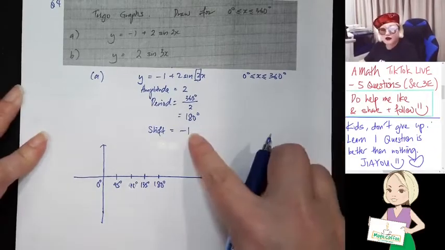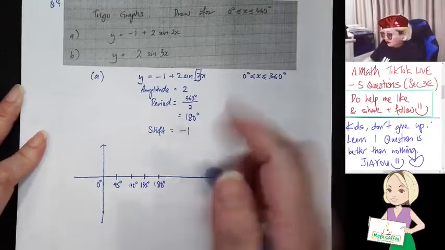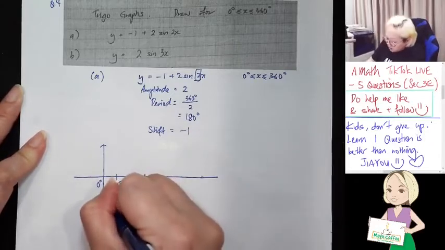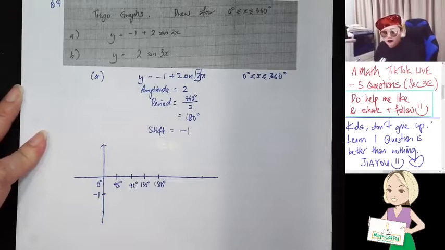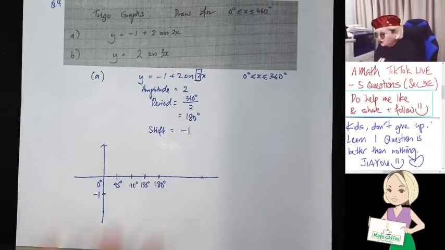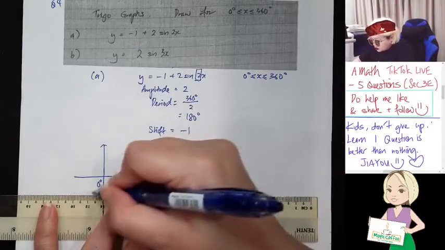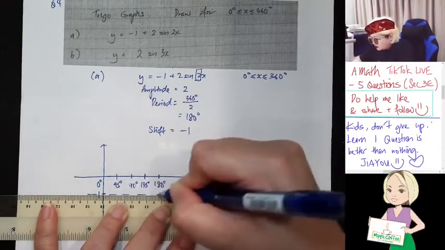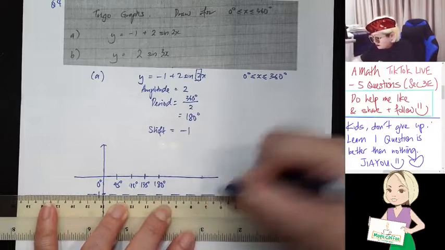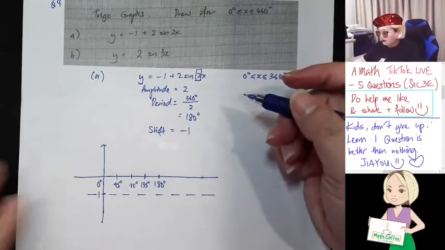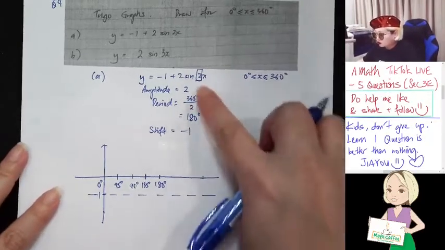Next, I have my shift. My shift is negative 1. So you will go to your graph, draw the minus 1, and draw the so-called new x-axis. Draw the dotted line. So this is supposed to be a dotted line. Next, amplitude. Amplitude is 2, correct?